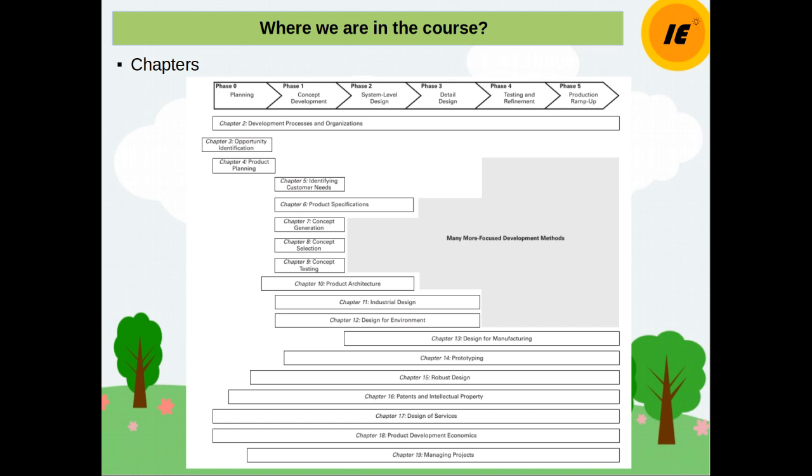Then there is chapter 4, product planning, chapter 5, identifying customer needs, and chapter 6, product specifications. These 3 chapters I'm skipping, because I believe that for us as a community they're not too much needed. If you want, you can read them, and the total number of pages is like 550 or 580.